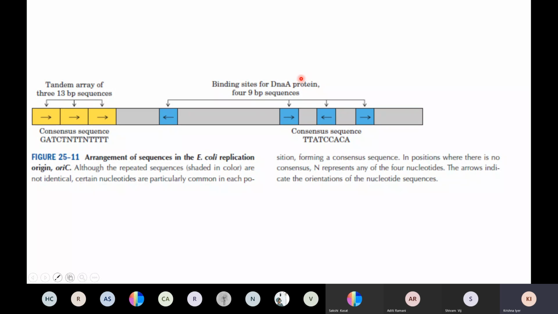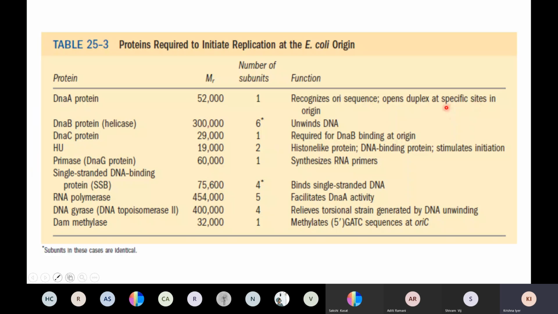What is happening is this protein recognizes these sequences, and then relative to that, it goes nearby and at very specific sequences opens up the DNA. The reason it is able to open up the DNA very nicely and easily is because here the DNA is AT rich rather than GC rich.